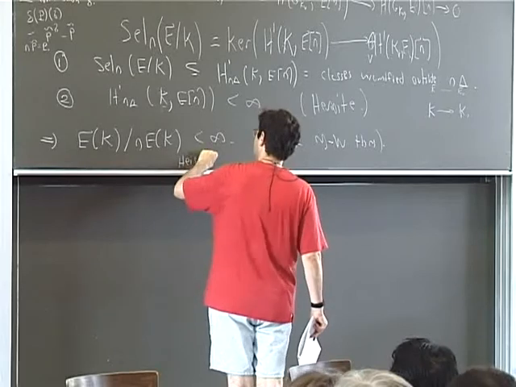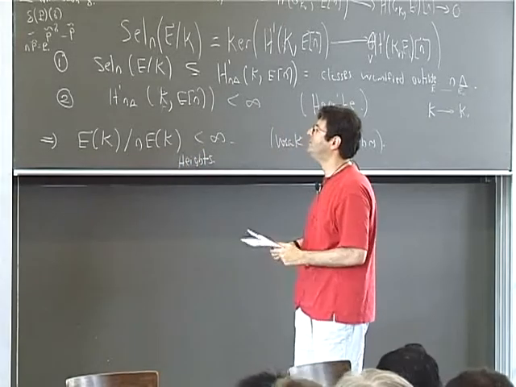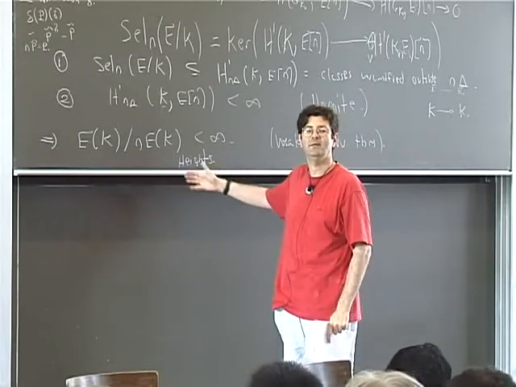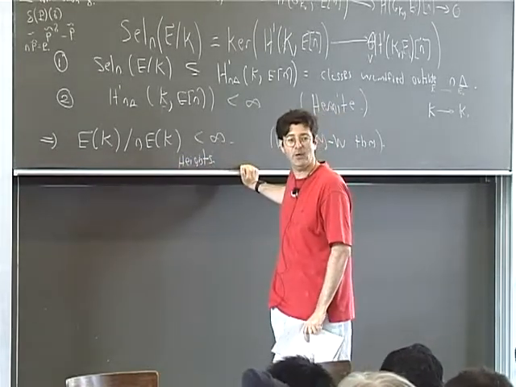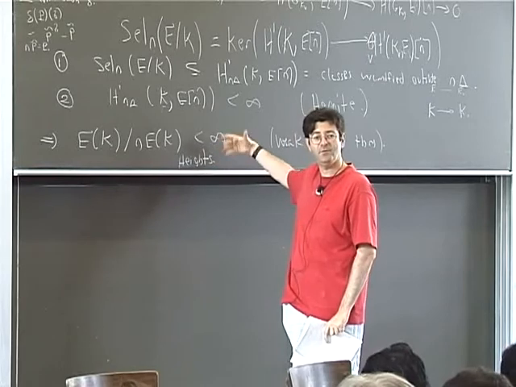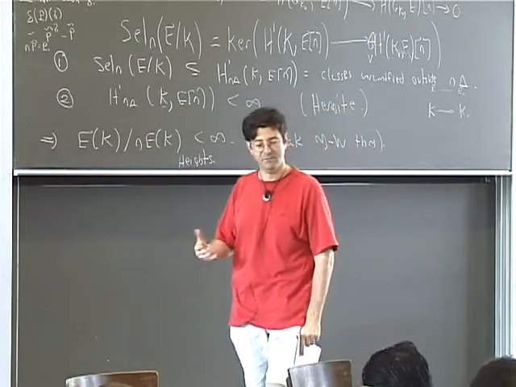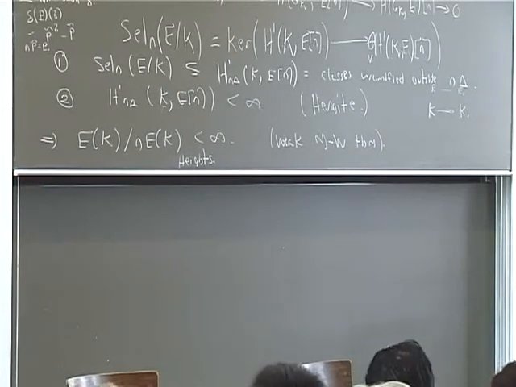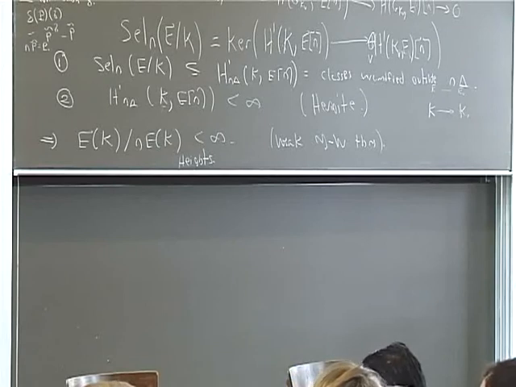There's the notion of heights on this group, which tells us that the group has the right kind of discreteness property that we can then conclude finite generation from this. I insist on the first half, the weak Mordell-Weil theorem, because that's what's going to come up later in my talks. In a sense, it's really the sticky point in the proof of the Mordell-Weil theorem.